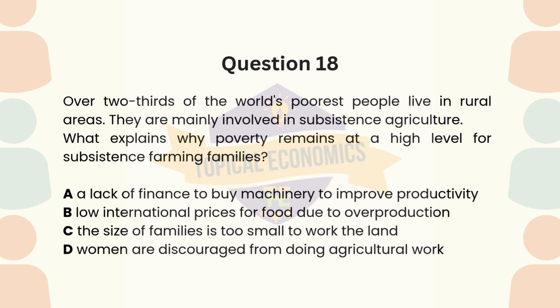Smaller family size is not typically a limiting factor of poverty. So this is again incorrect option. Option D, women are discouraged from doing agricultural work. So gender roles may play a part, but the primary issue remains the lack of financial resources for productivity improvements. So the correct answer for this question is option A.